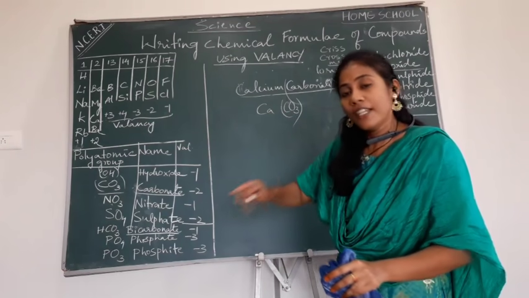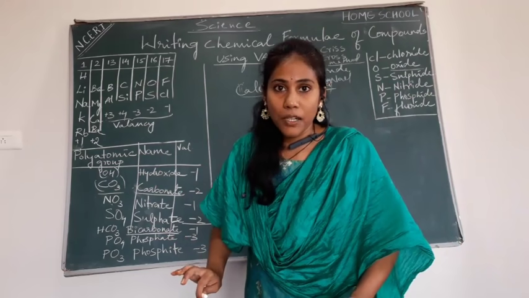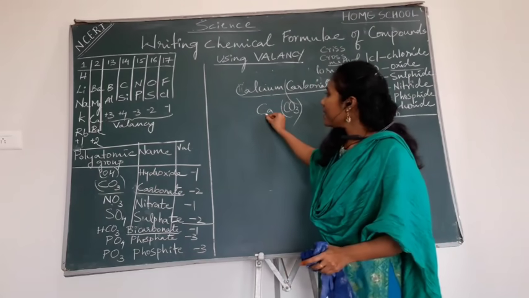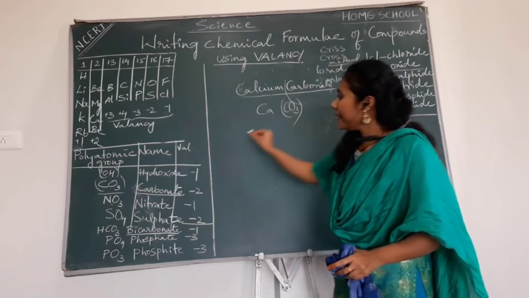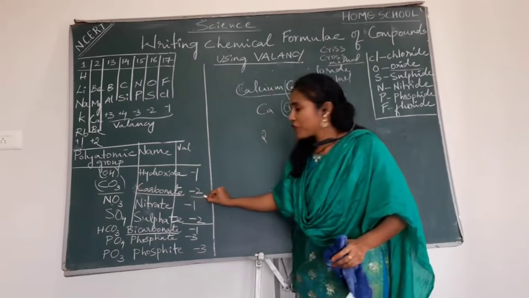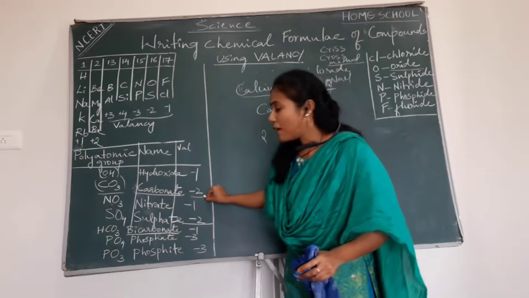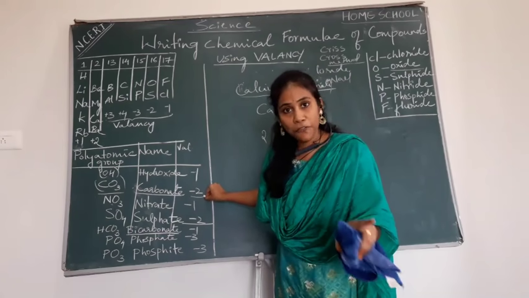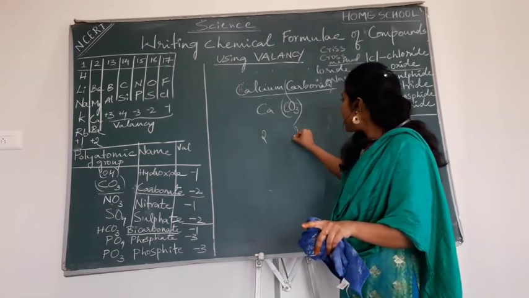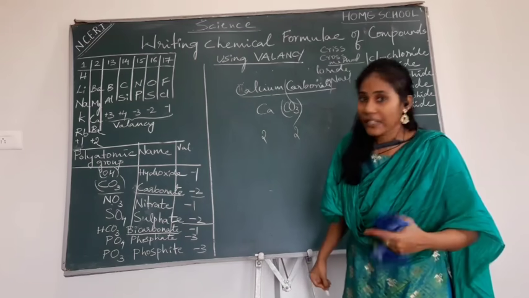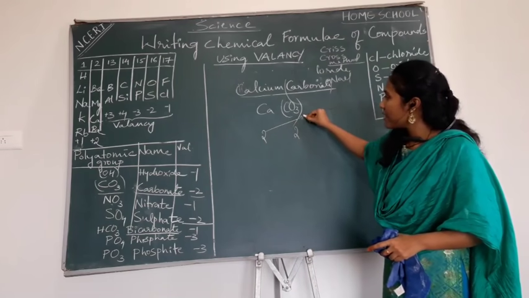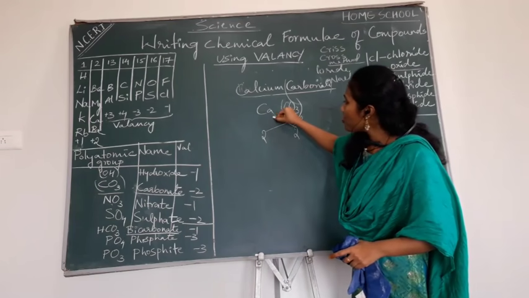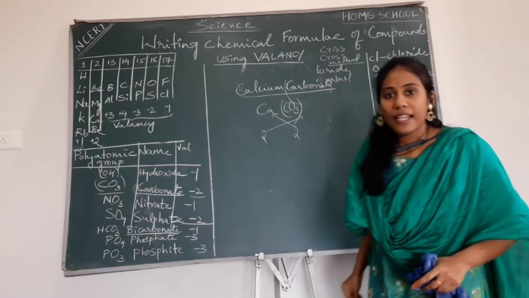Okay. So mention the valency, do crisscross, write the formula. Okay, so what is the valency of calcium here? Calcium valency is 2. Carbonate valency I have mentioned here. Yes, so how much it is? -2. No need of taking any sign. Just mention the digit 2 here. Now you do the crisscross. This 2 should be written as a subscript for CO3 and this 2 should be written as a subscript for calcium.